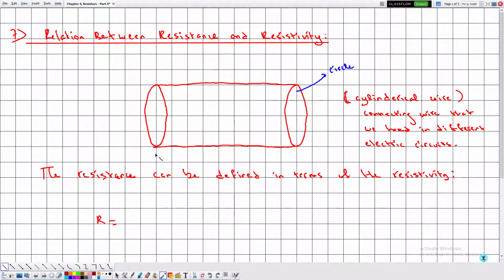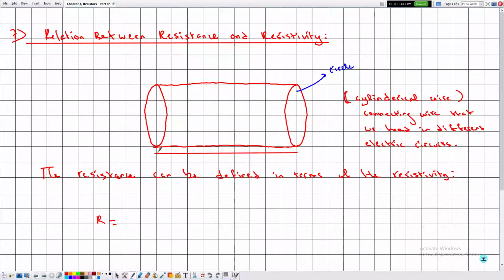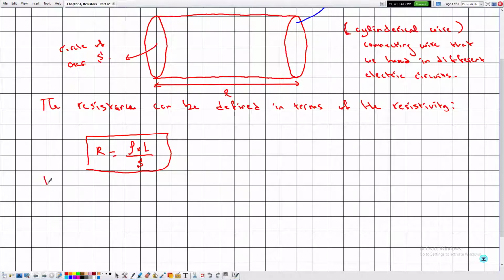Now let me say here that the length of this wire is L. Then we have rho multiplied by L divided by S. So here this represents a circle of area S. So now let me define what each quantity represents, where R is the resistance of the wire, and its SI unit is ohms.